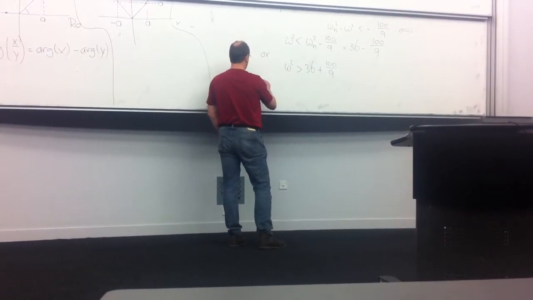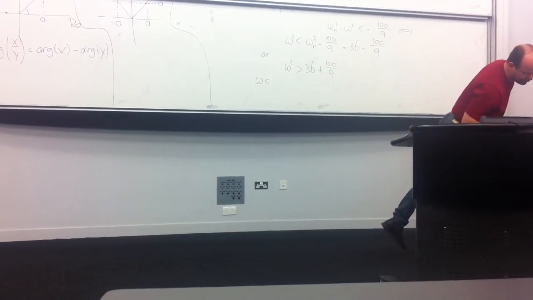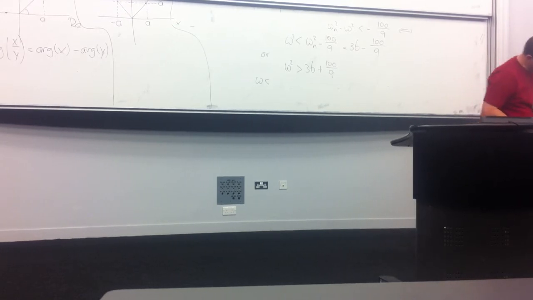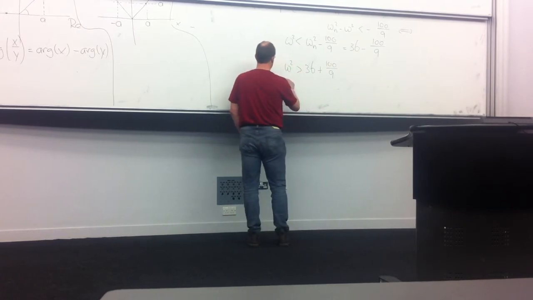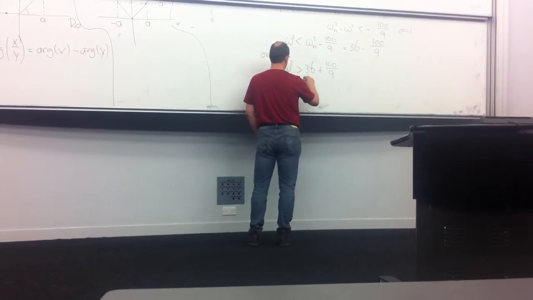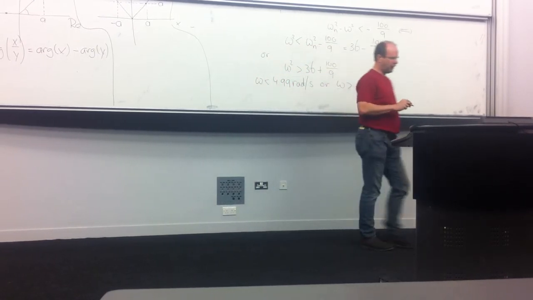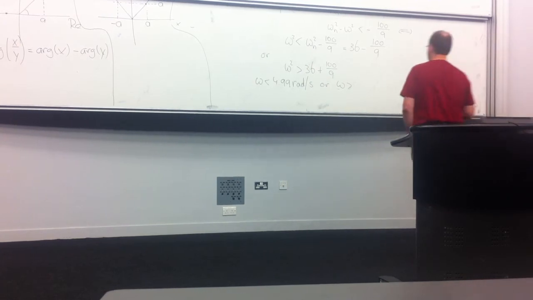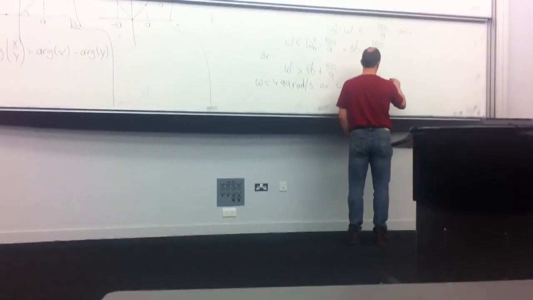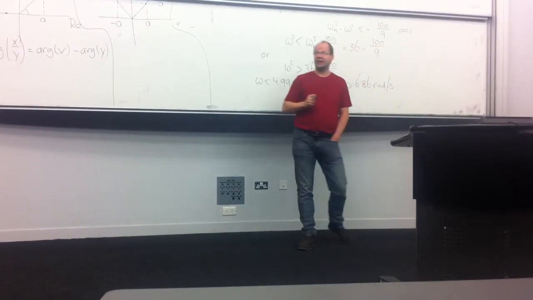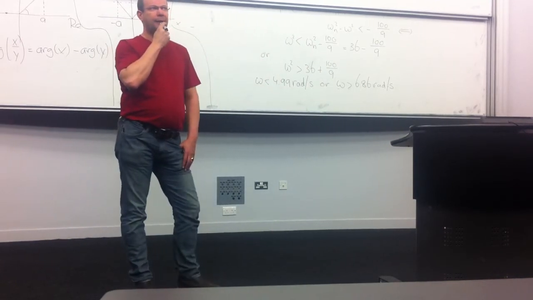And same here, and you find that omega is smaller than 4.99 radians per second, or omega is larger than 6.86 radians per second. Are there any questions?